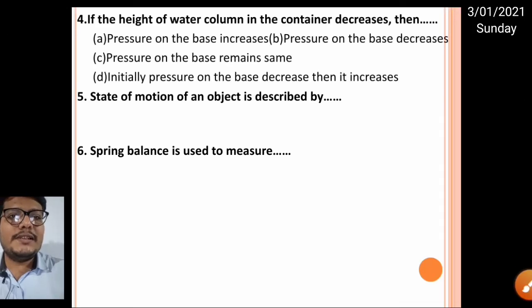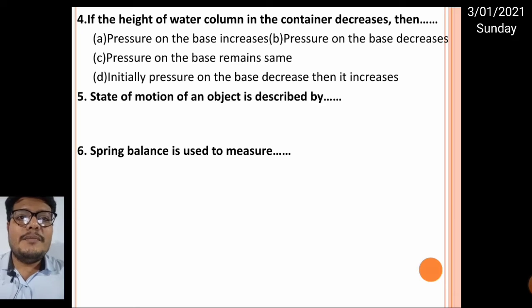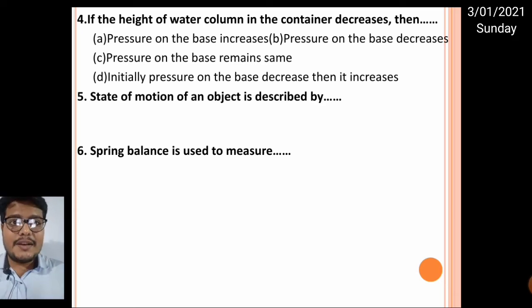Okay, now let's see the options. First one: pressure on the base increases as the height changes. If the height decreases, the pressure increases in the base. Second option: pressure on the base decreases. Third option: pressure on the base remains the same. Fourth option: initially pressure on the base decreases, then it increases. First, in the starting, the pressure decreases and then it increases.